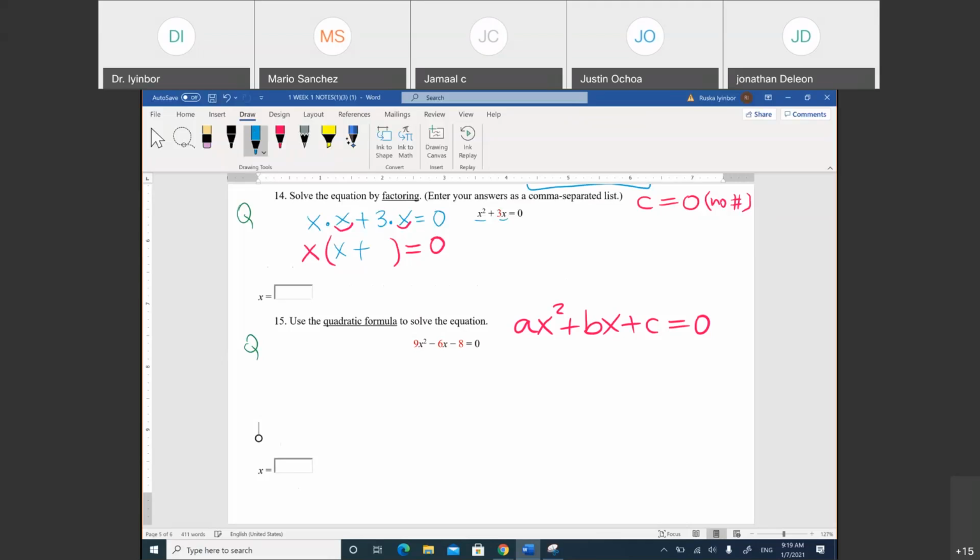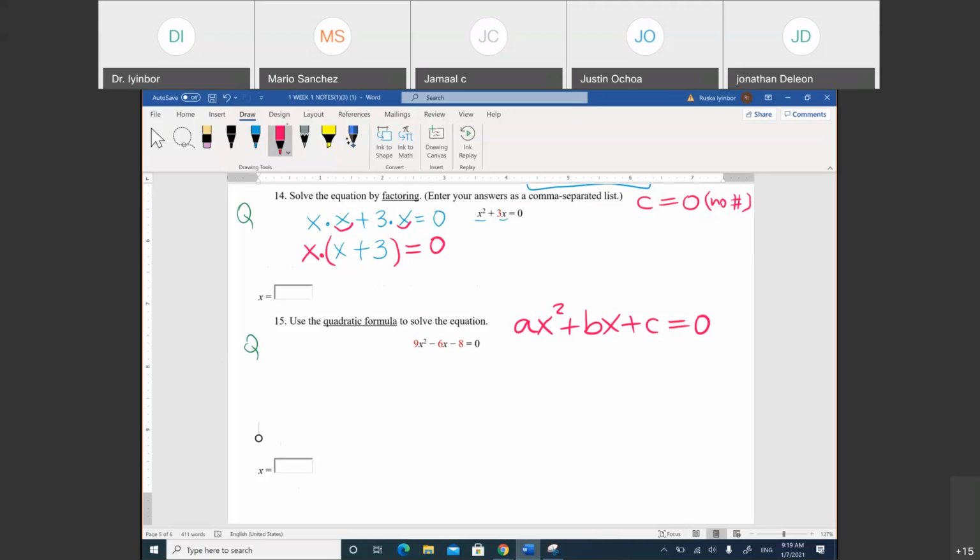Plus, when I pull out the x in front of the 3, what is left is 3. So this is how you factor it. You pull 1x from each of the terms, and inside you are left with x plus 3. Now, looking at the equation we get so far, we have x times (x plus 3) equals 0.